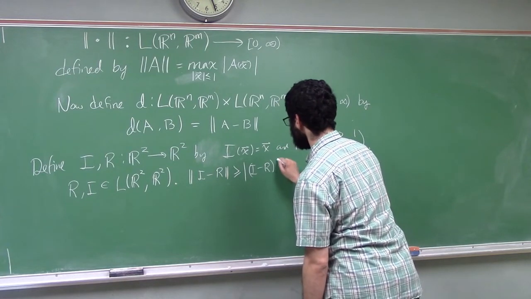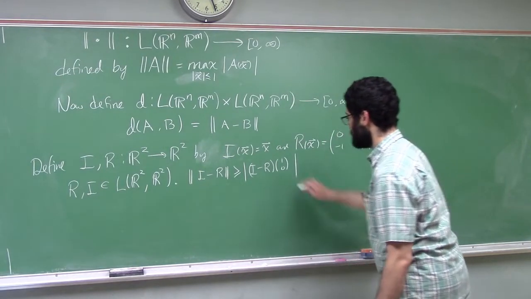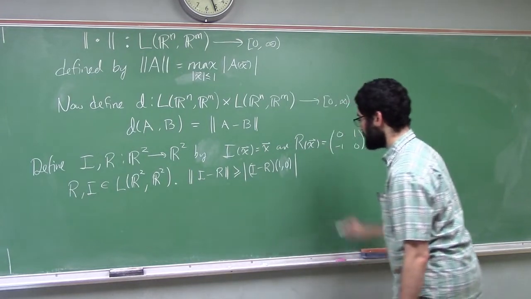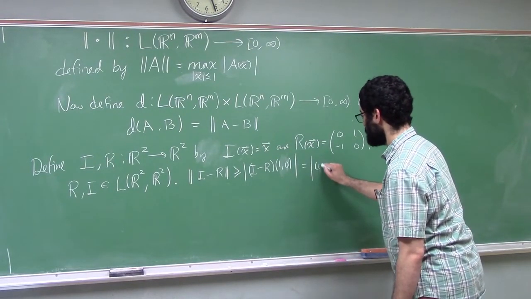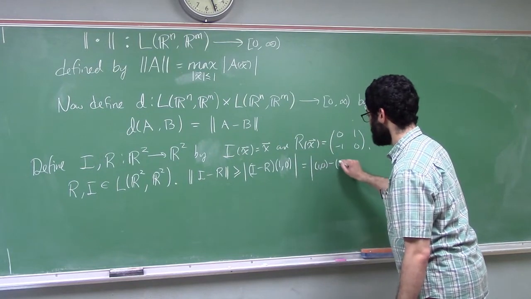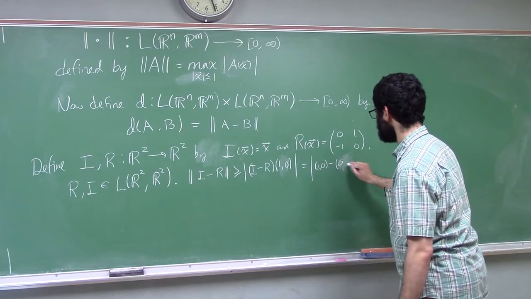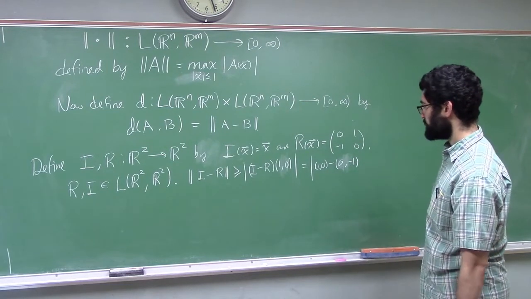applied to, and then let me just put the vector (1, 0) here. So this would be the vector norm of (1, 0) minus, I guess (1, 0) gets rotated to (0, 1), if I follow the rule of this matrix.